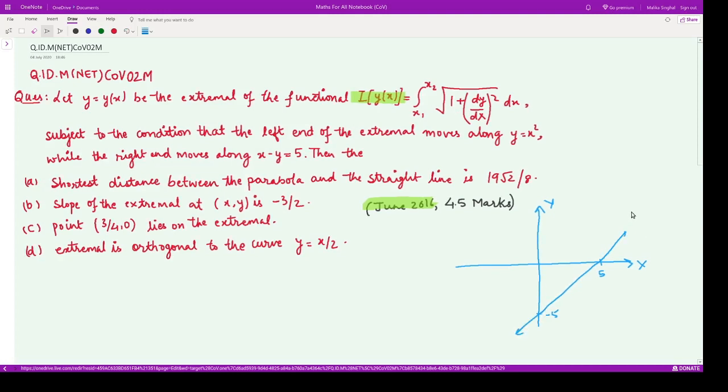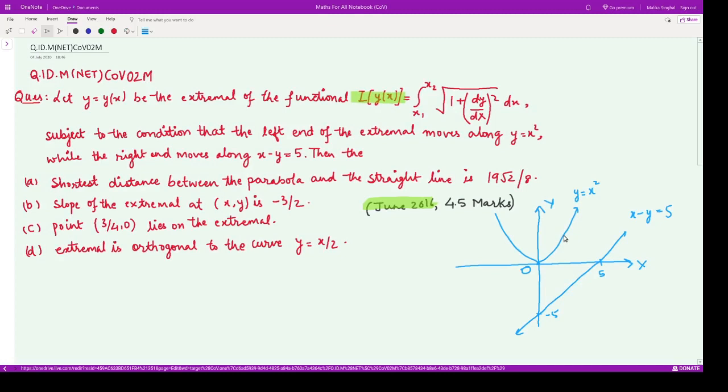This is the line x − y = 5, which is given to us. Another curve which is given to us in the question is this is the point 0. So an upward parabola passes through this point, right? So the equation for this is y = x², right?